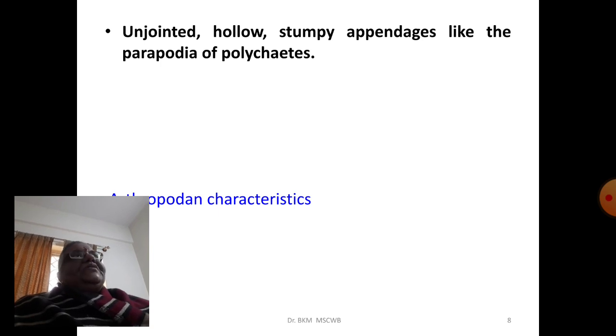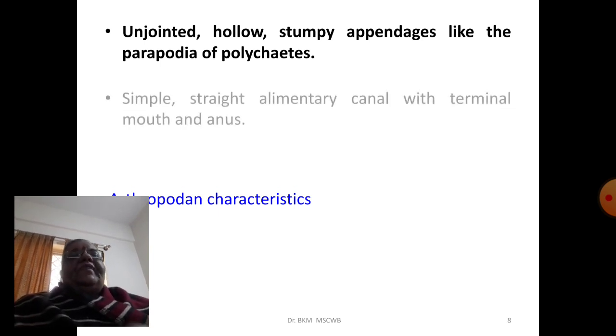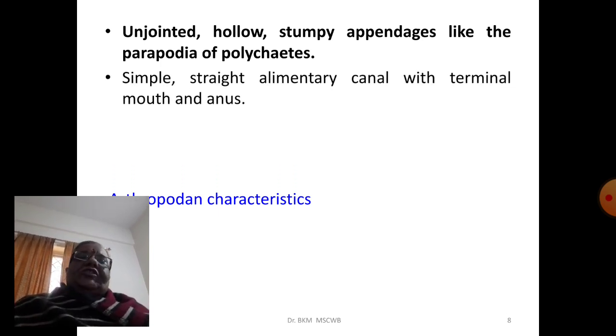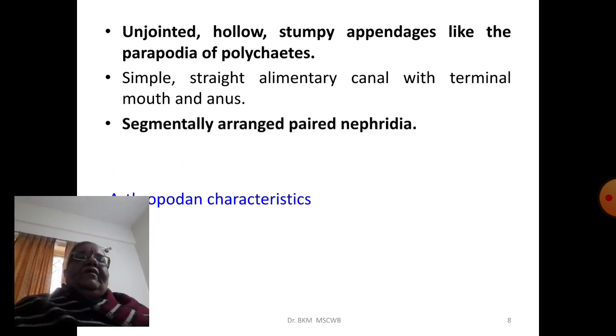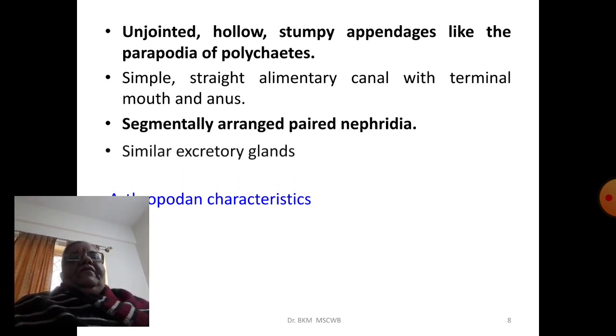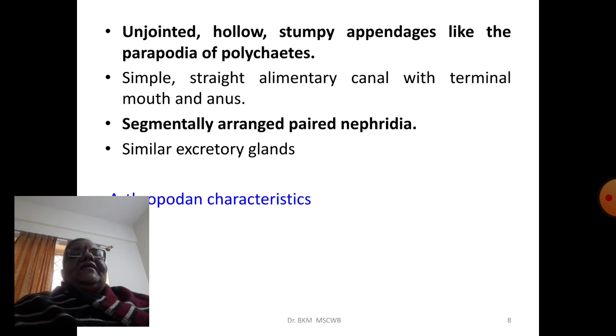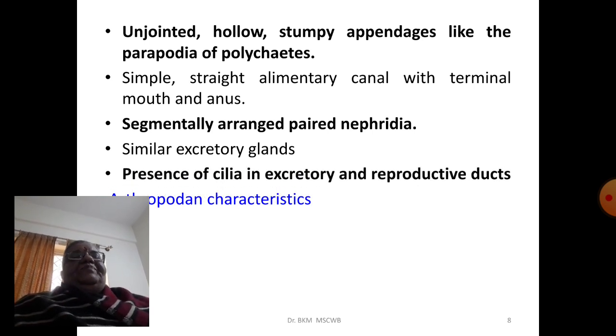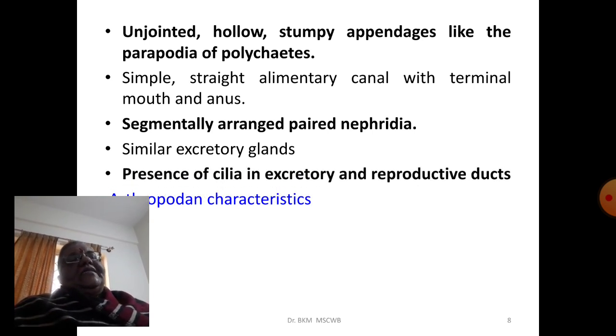I have shown you this in the photograph, right? Then, a simple straight alimentary canal with terminal mouth in the anterior end and anus in the posterior end. Then segmentally arranged paired nephridia. Then similar excretory glands. Then presence of cilia in excretory and reproductive ducts.